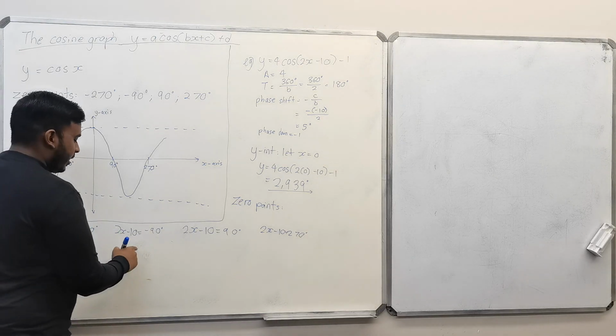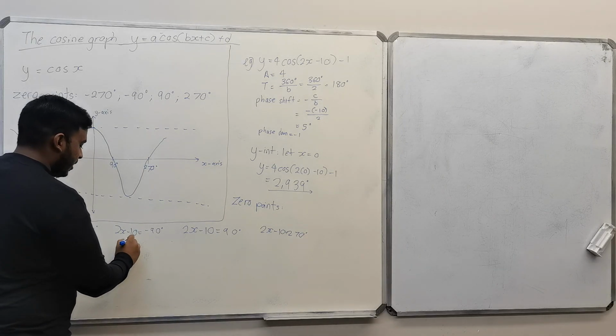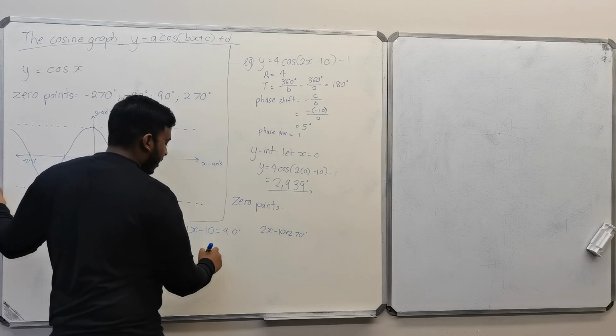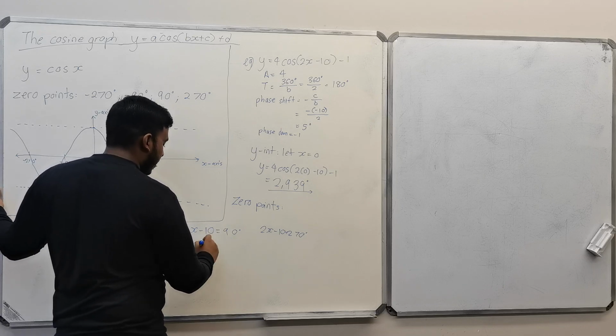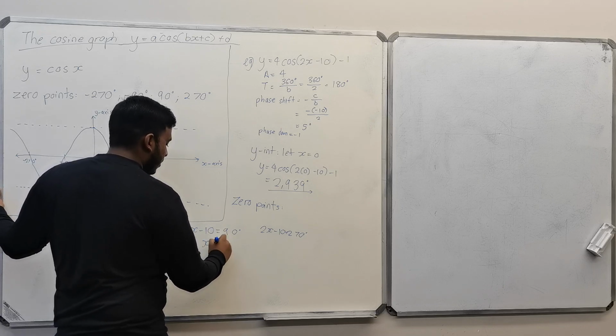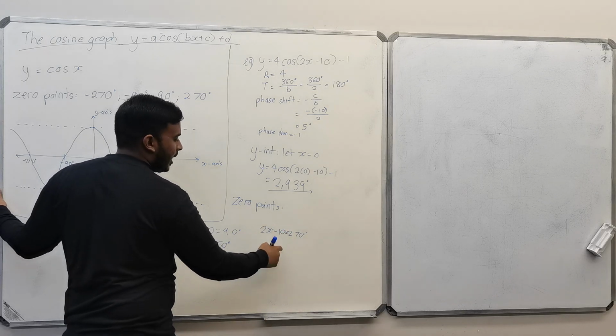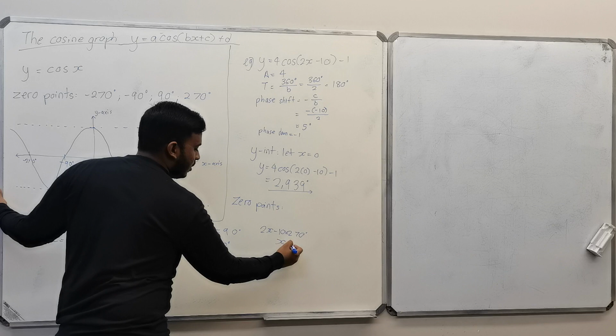If you take 10 across, it becomes negative 80, so x is equal to negative 40. Here, if you take 10 across, it's going to become 100. And here, if you take 10 across, it's going to become 280.